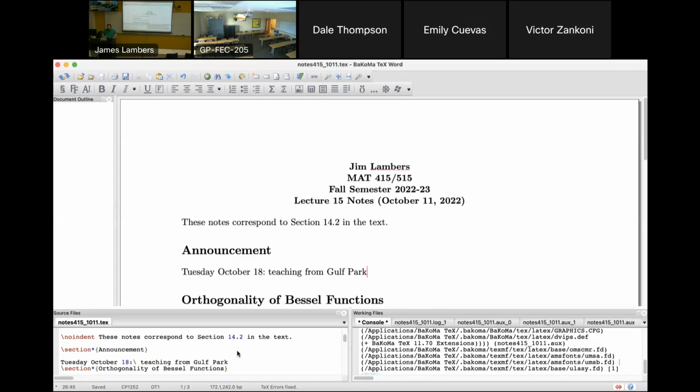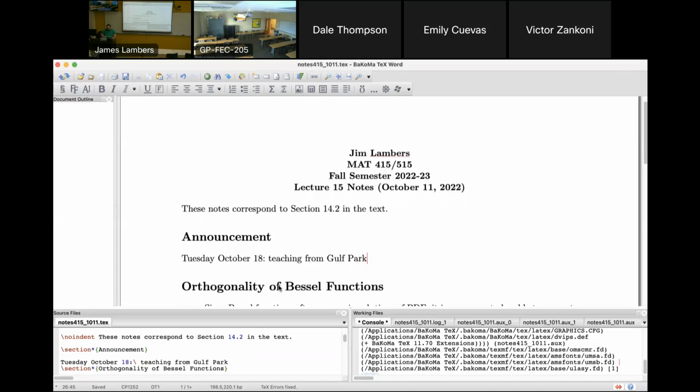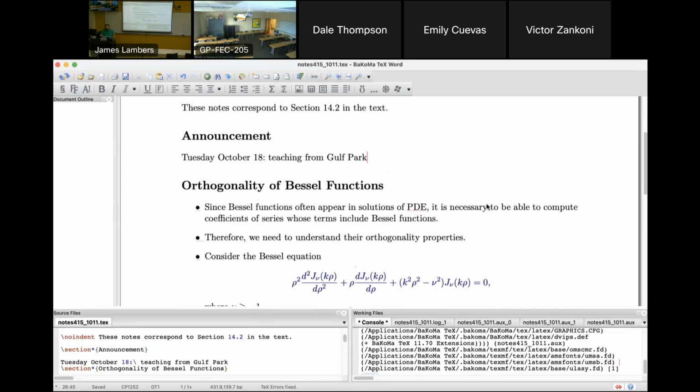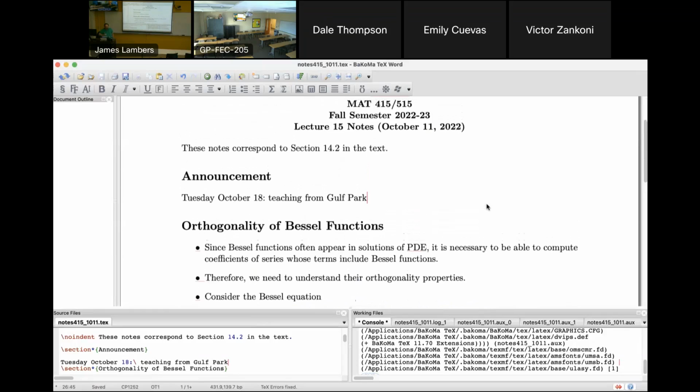Okay, now, continuing with Bessel functions. Not much to say about them. I've mentioned one example, and we're going to get into it in more detail later on.